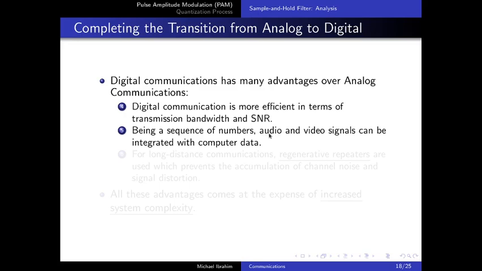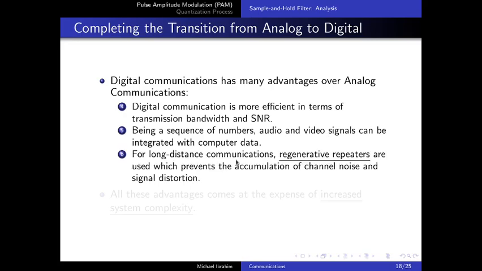So by digitizing or transforming the audio and video signal into a discrete time signal and then quantizing the amplitude, we can transform them into ones and zeros, binary data, and can be integrated with computer data. And also for long distance communication, regenerative repeaters can be used to prevent the accumulation of noise and distortion.